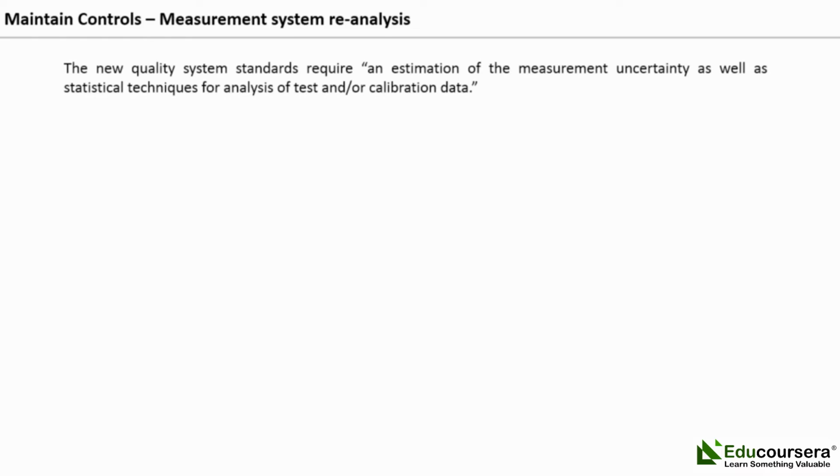Maintain controls, measurement system reanalysis. The new quality system standards require an estimation of the measurement uncertainty as well as statistical techniques for analysis of test and/or calibration data. Actually, this is not a new requirement because similar wording was in MIL STD 45662A 1988.